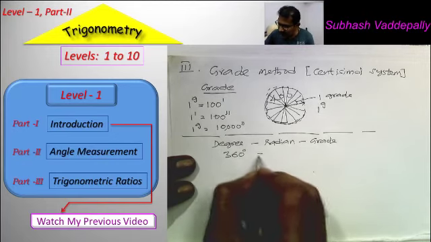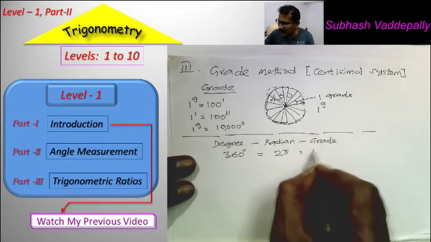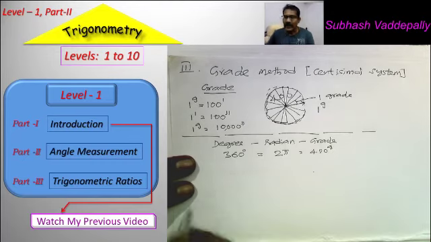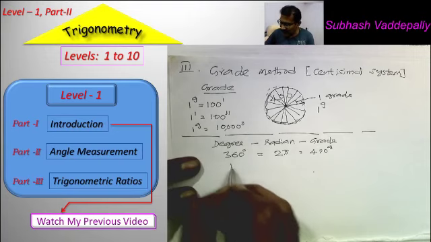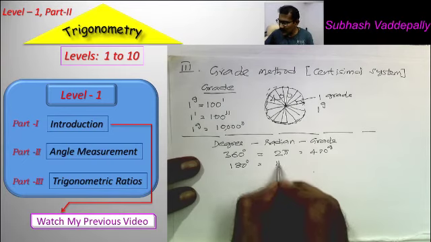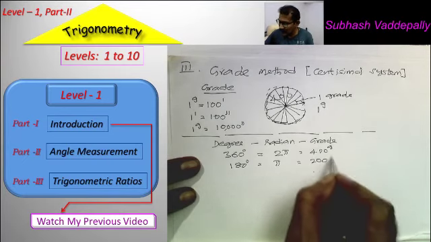This is exactly equal to 2 pi radian and that is exactly equal to 400 grade. And if I want half of this, it is 180 degrees equal to half of 2 pi, which is pi radian, which is equal to half of 400, which is 200 grade.